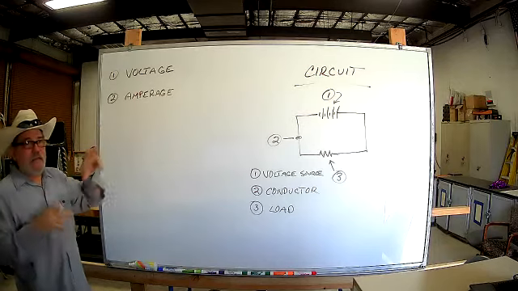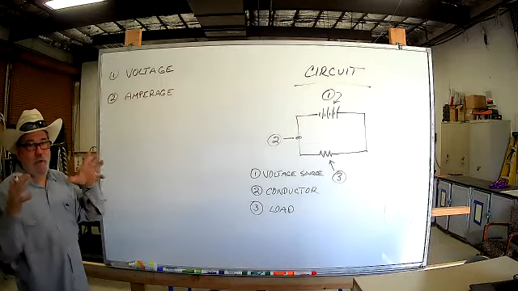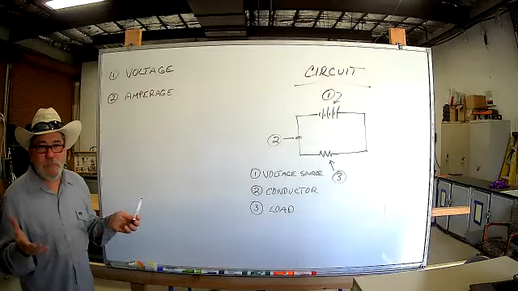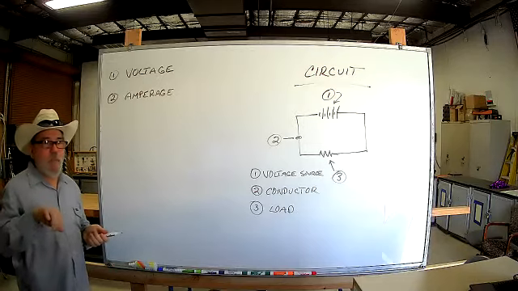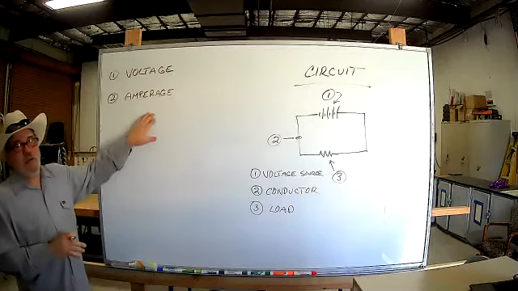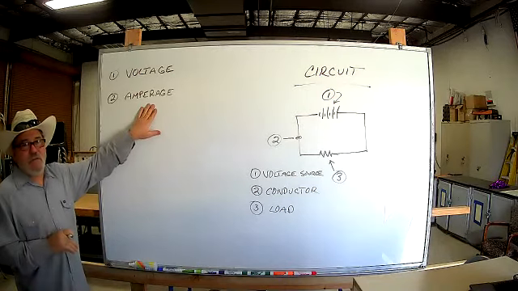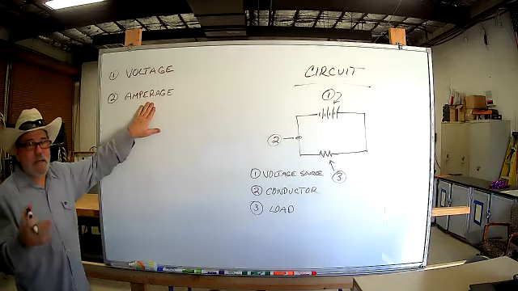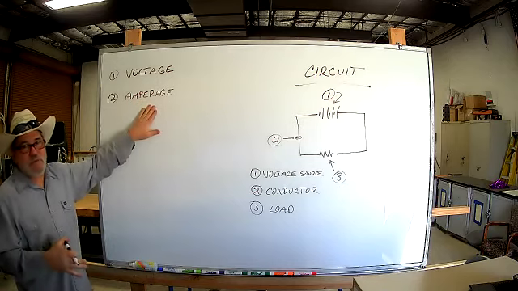Again, it's like the PSI for water is for pressure. Gallons per minute, they call it a GPM. You measure how much water is flowing through a pipe or a hose. In the same way, you measure how much current is flowing through a wire. But instead of gallons per minute, they call it amperage.